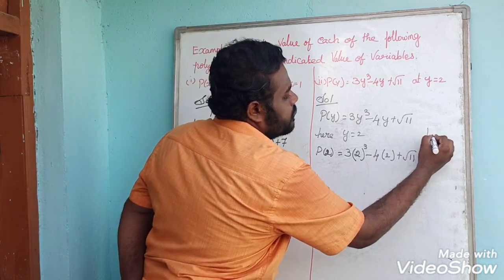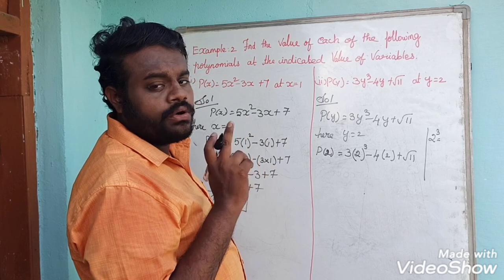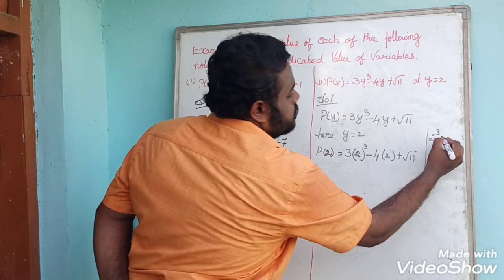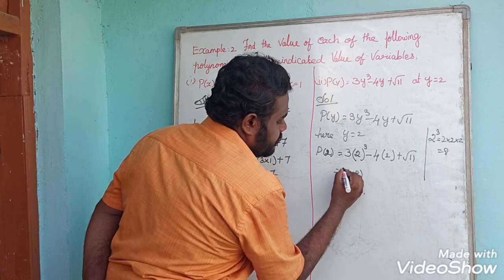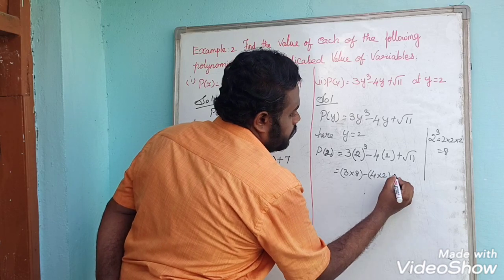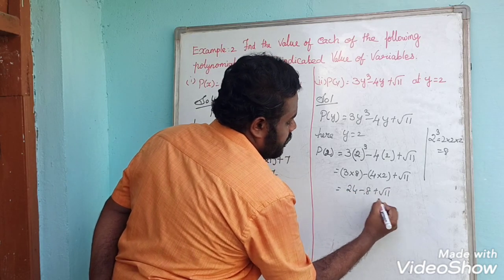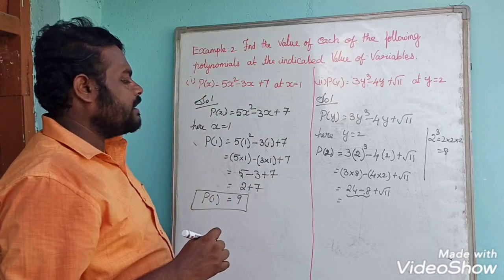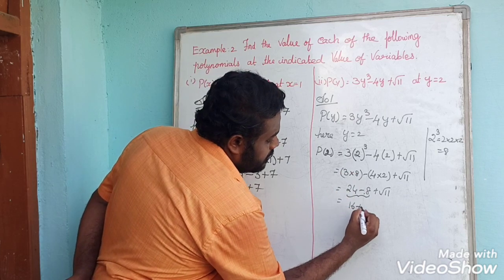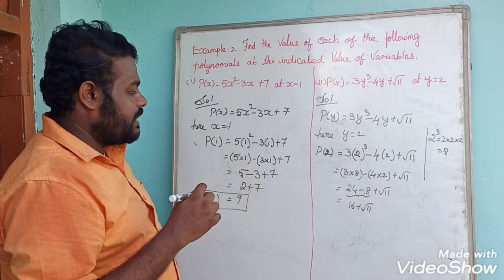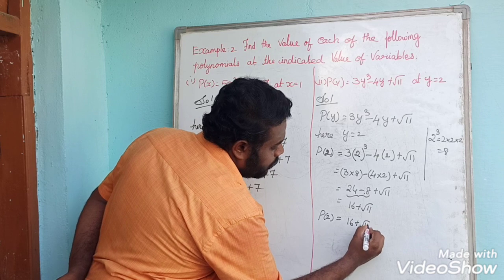So 2 cube means you have to multiply 2 thrice. So 2 into 2 into 2 equal to 8. So 3 into 8 minus 4 into 2 plus root 11. So 24 minus 8 plus root 11. 24 minus 8 are whole numbers and this is an irrational number. So 24 minus 8 is 16, and we can't add 16 and 11 here itself. So the value of p of 2 equal to 16 plus root 11.